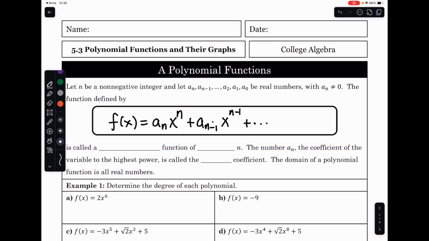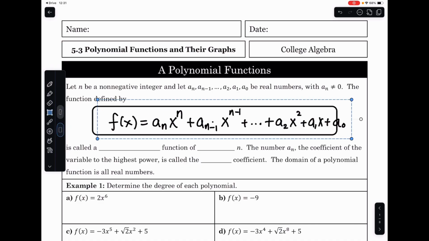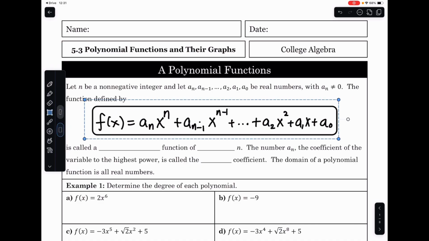And we keep on adding those terms until we end up with the following three terms: a sub 2 x to the second power, a sub 1 times x, and then plus our constant. So this would be the notation for this.